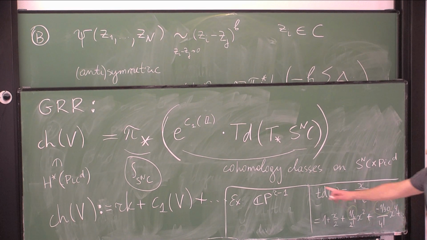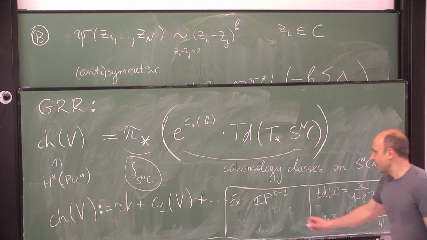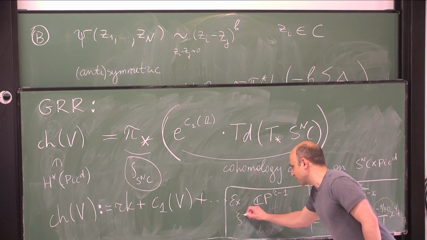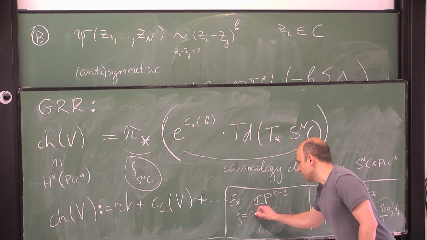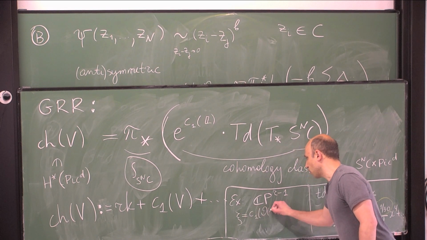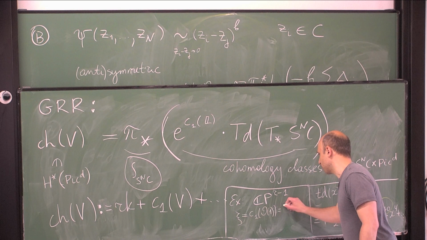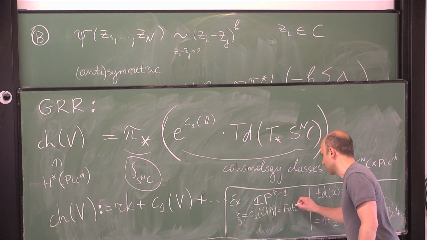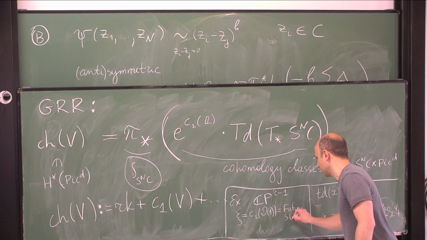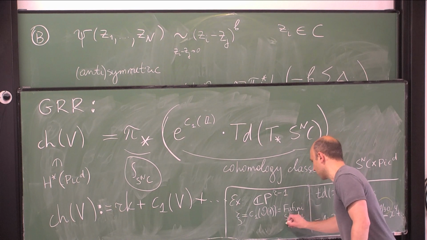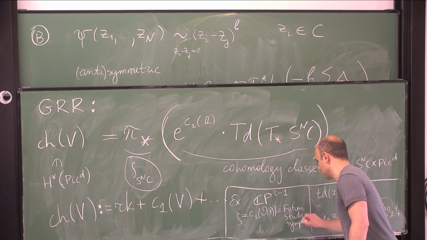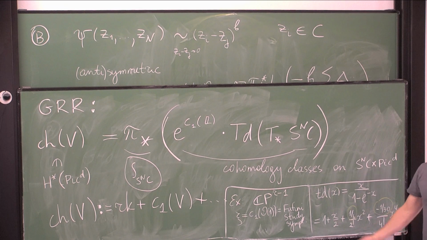Okay, but now let's take a projective space, and let's take psi to be c1 of O(1), or also the Fubini-Study symplectic form. Right, it's a two-form that generates the cohomology of CP.